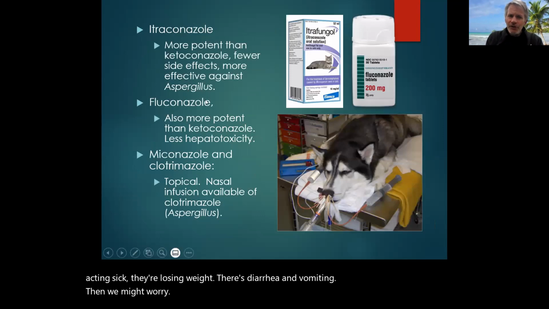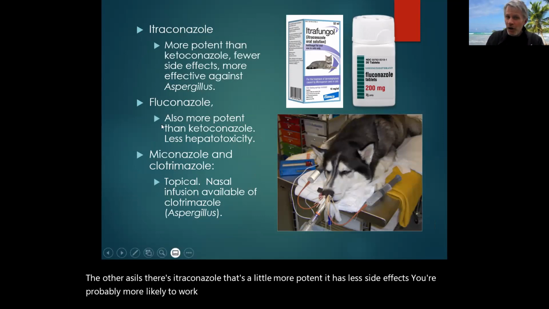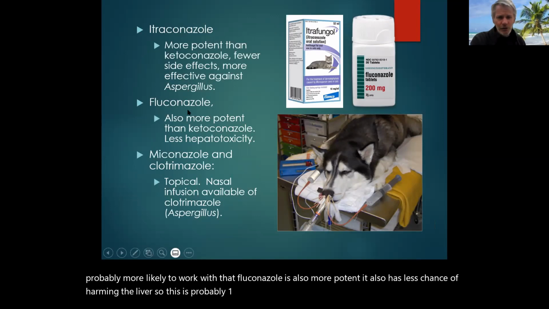The other azoles, there's itraconazole. That's a little more potent. It has less side effects. You're probably more likely to work with that. Fluconazole is also more potent. It also has less chance of harming the liver. So this is probably one of the main ones that you'll use. These last two are used in topical forms.